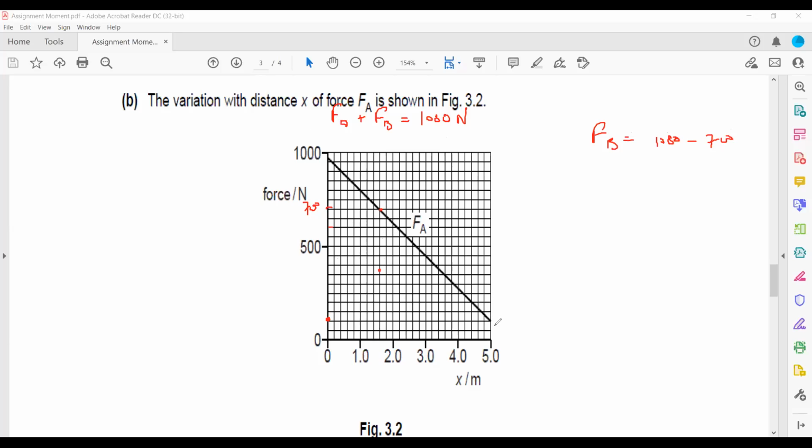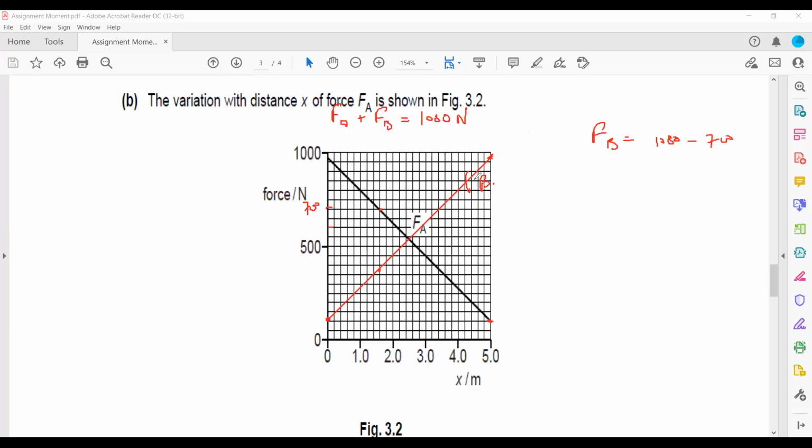And what about the last value? If FA is 100, what about FB? The FB will be about 1000, because 1080 minus 100 will be 980, somewhere here. So when we join the points for FB, it will be like this.